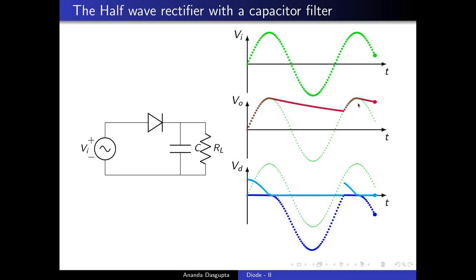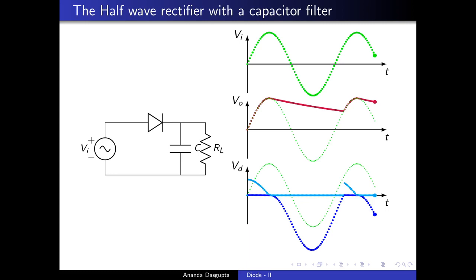It will work much better if the resistance RL is large, because then the discharge will be slow. Also, of course, if the capacitance is large, because then the voltage across the capacitor will take a long time to change, since a rather large amount of charge has to flow out of the capacitor before the capacitor voltage can change much.